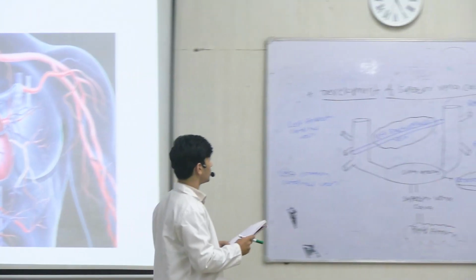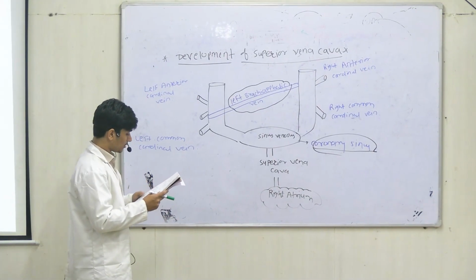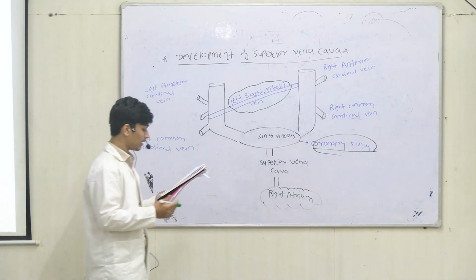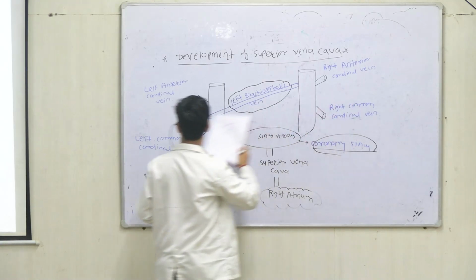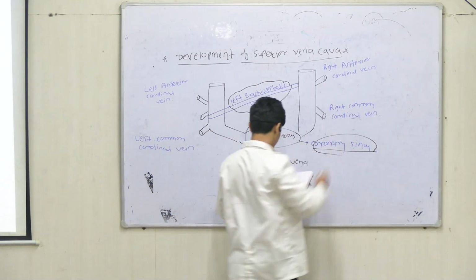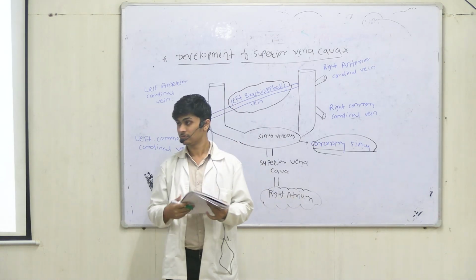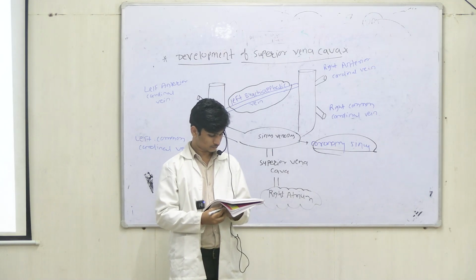So this is the diagram of superior vena cava. The formation, I am talking about formation. The superior vena cava develops from the right anterior cardinal vein and the right common cardinal vein. So basically, the superior vena cava is formed by the right side structures. The left side structures will generally degenerate.